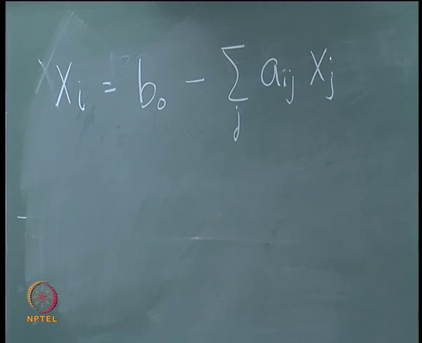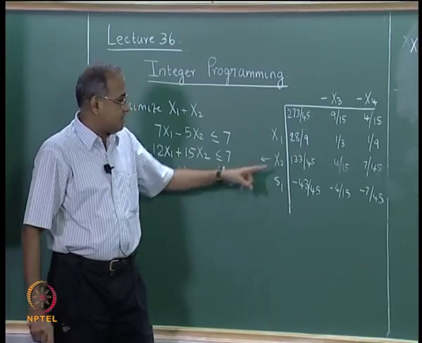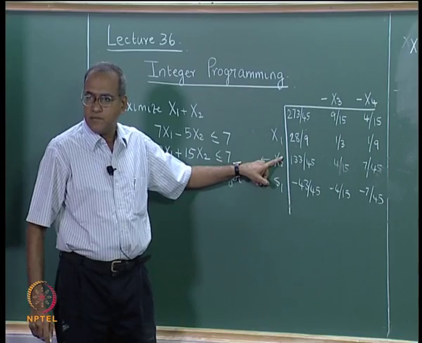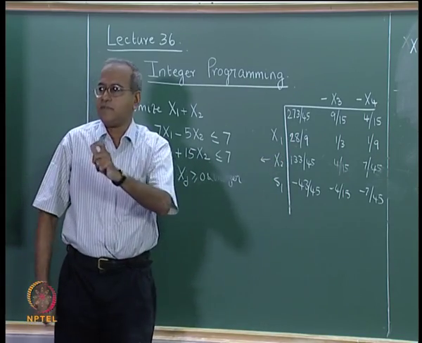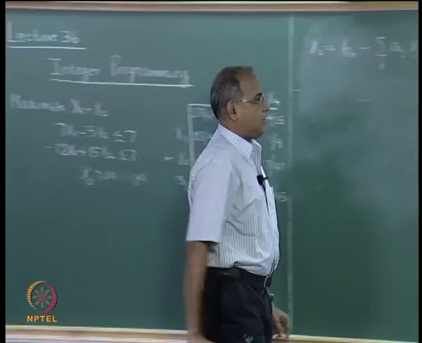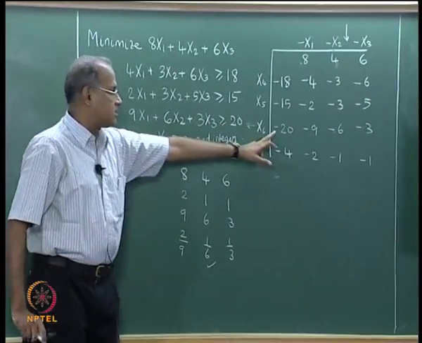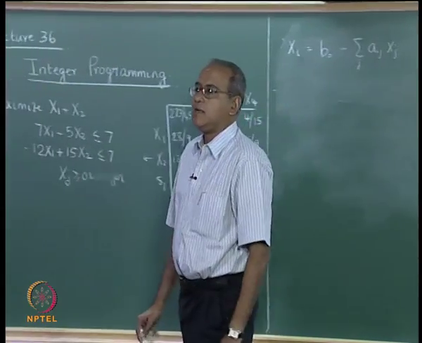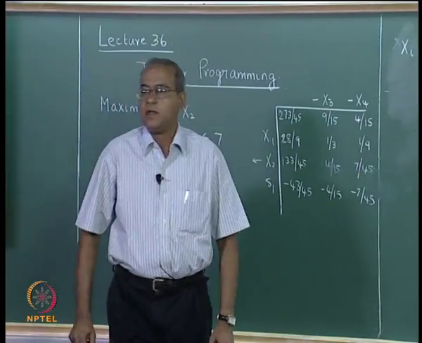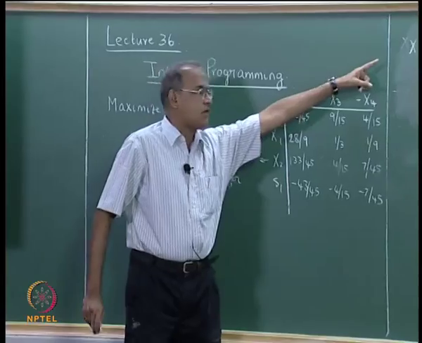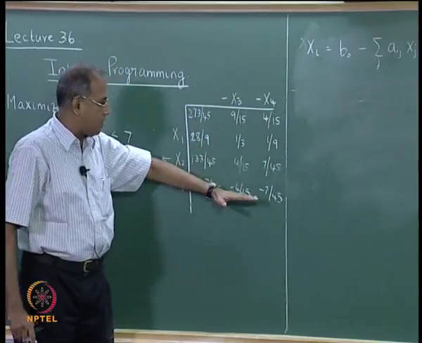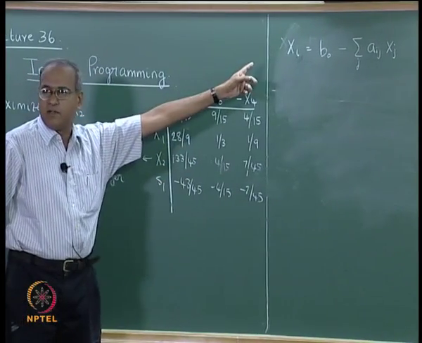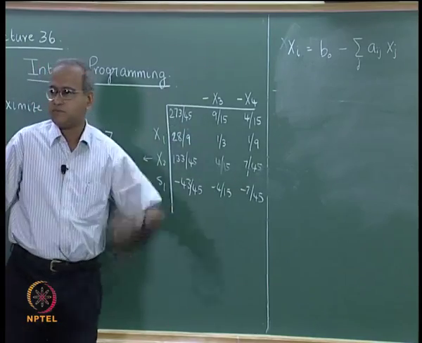If we look at a Gomori algorithm, this is the source row, the row that has the largest fractional value. If you look at the all integer algorithm, this is your source row, the one that has the most negative value amongst the infeasible values. So the source row is written in this form. In fact, when we wrote the Gomori cut, that is exactly what we did, we first wrote the source row.